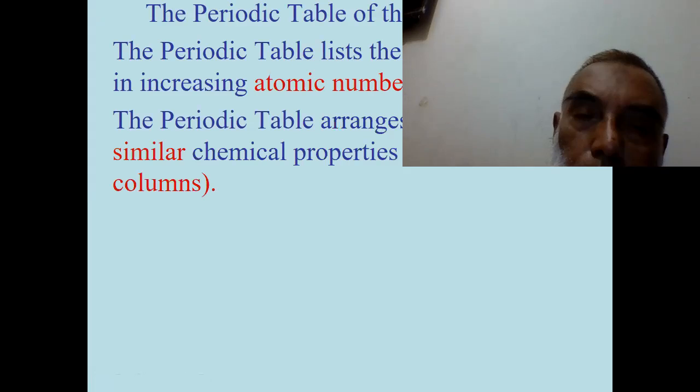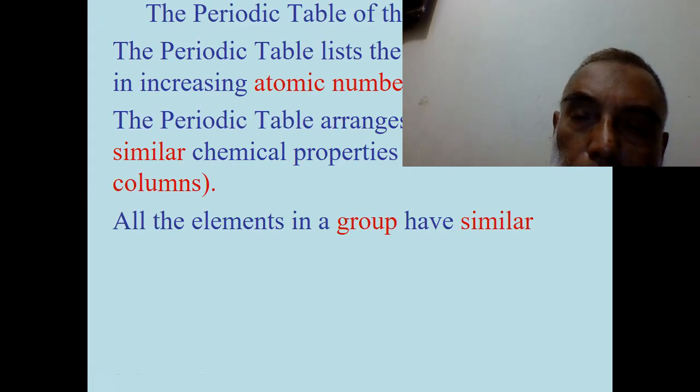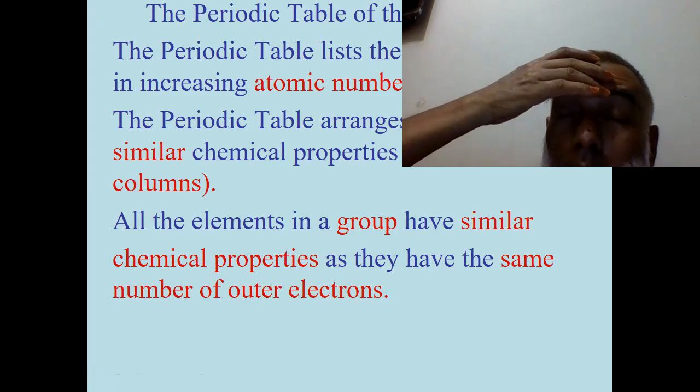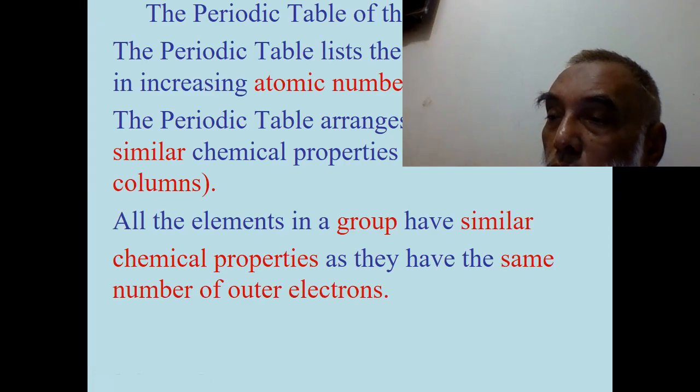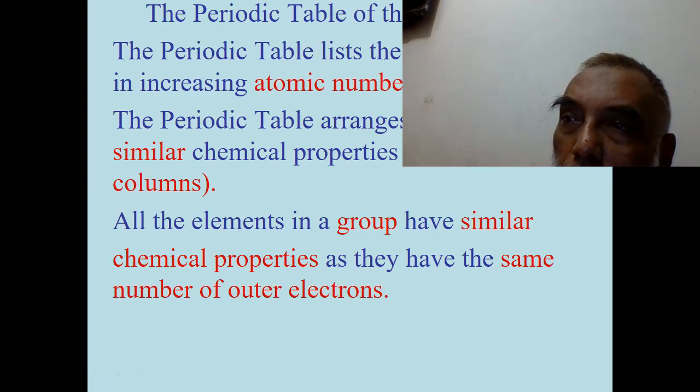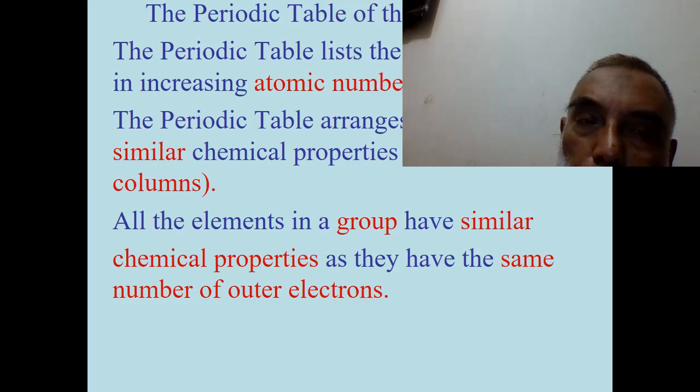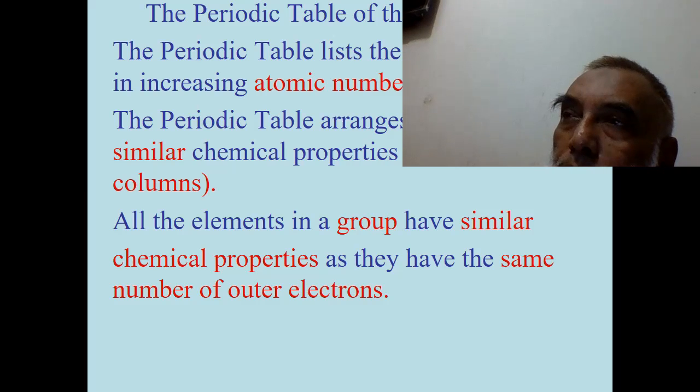The periodic table of elements. If you go through the periodic table, you will see that the elements are arranged with regularly increasing atomic number, from 1, then 2, then 3, then 4, then 5, then 6, and then after a certain gap, the elements show similar properties.